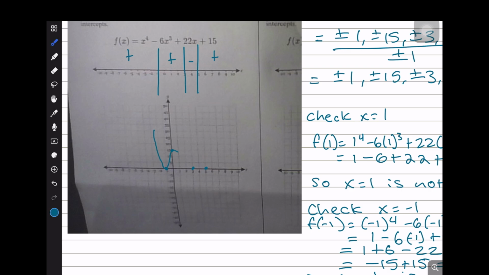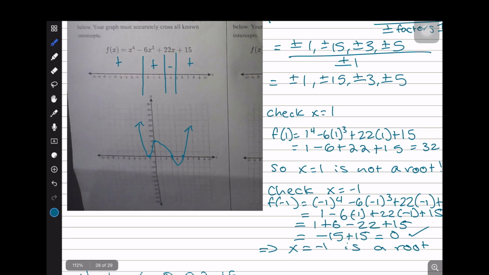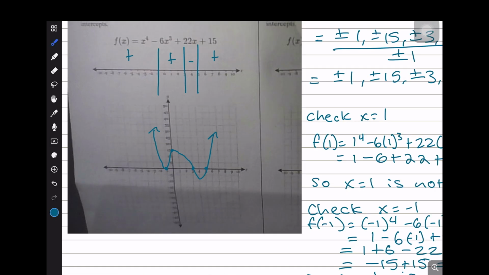Now, when you graph, you should have all your roots and your y-intercept plotted. So now the sign chart tells us that we're coming from negative infinity and we're approaching our first root. So that's negative 1. And all those points are positive. So you're going to be above the x-axis.